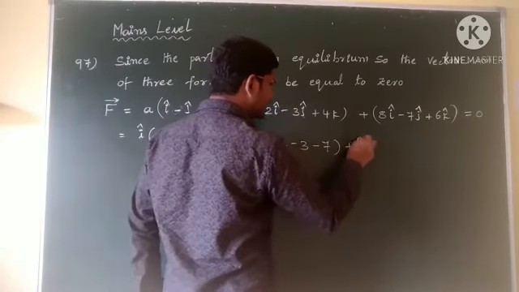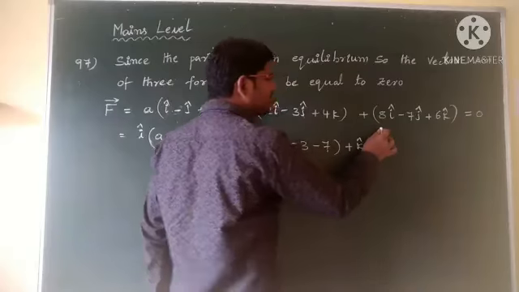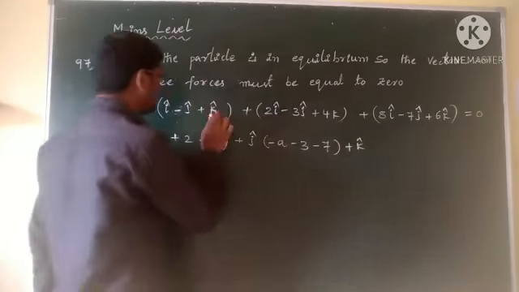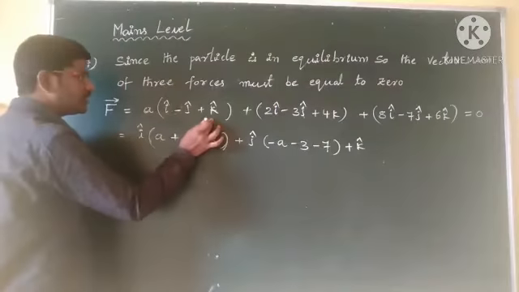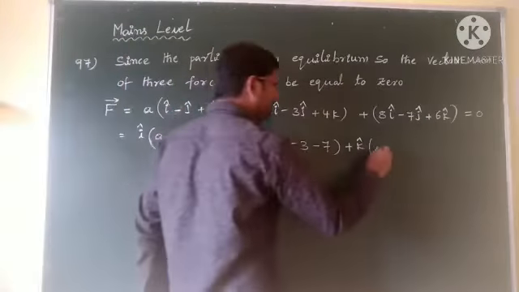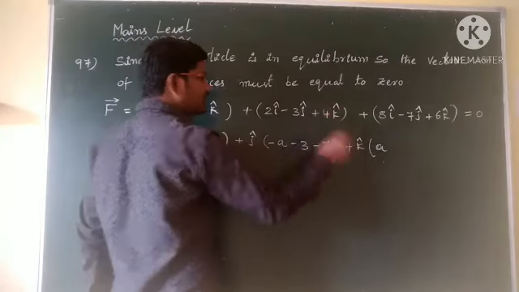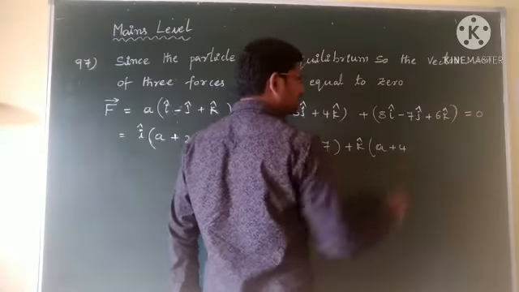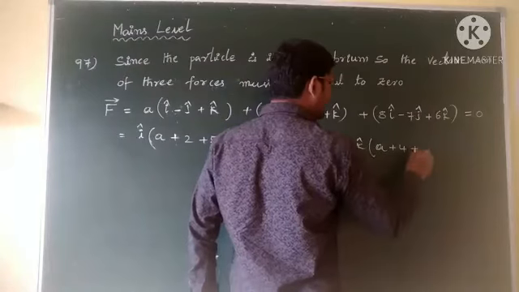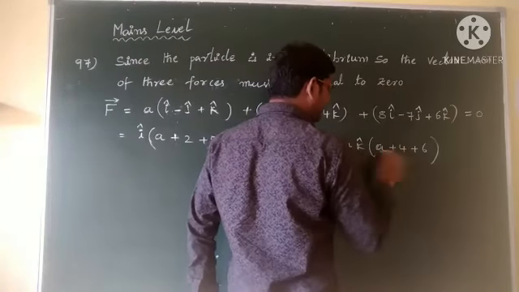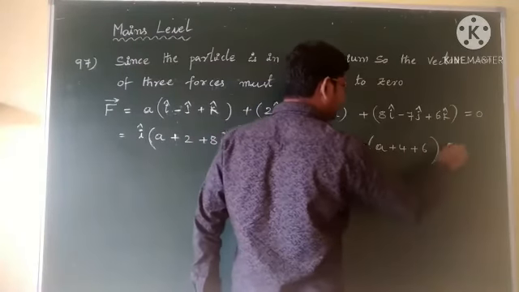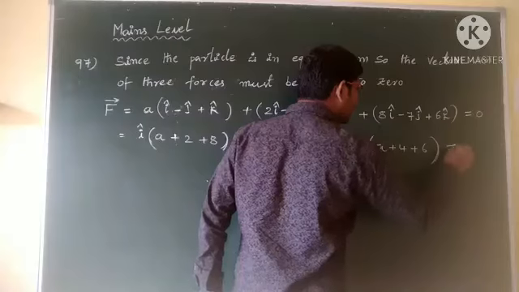Plus k cap: A into 1, so A, plus 4, and plus 6. So that is equal to 0.